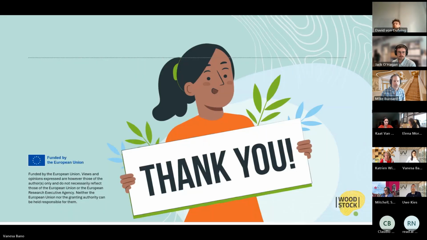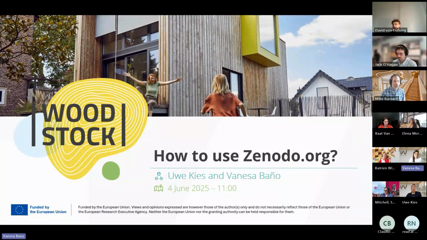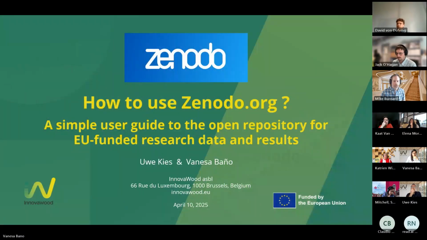Okay, thank you. Let's go then to how to use Zenodo to publish open access results or publications. This is just a simple guide on how to use this open repository for EU-funded research data and results.